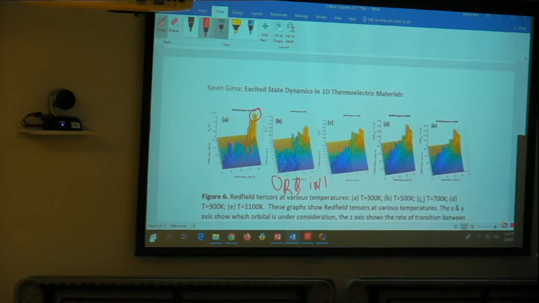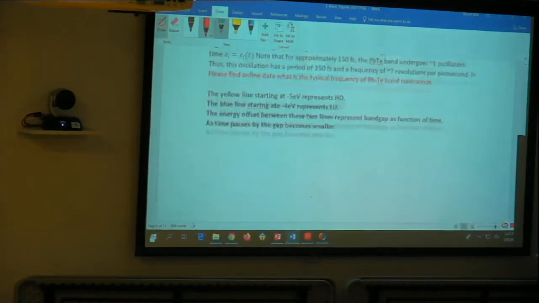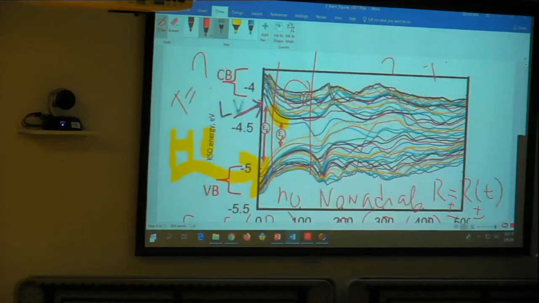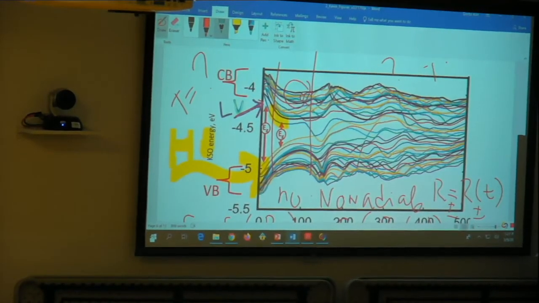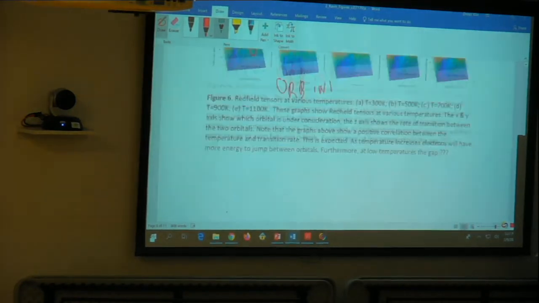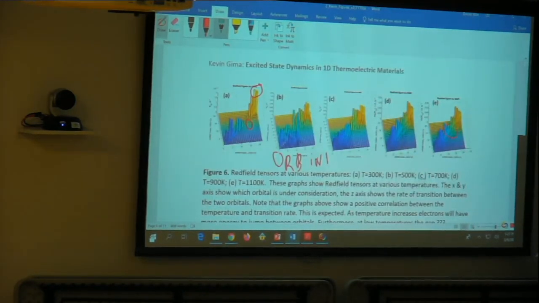Right. And if temperature increases, it will be much easier to analyze such images. When temperature increases, all orbitals, including HOMO and LUMO, start to perform significant oscillations, which leads to non-adiabatic couplings in the gap region.